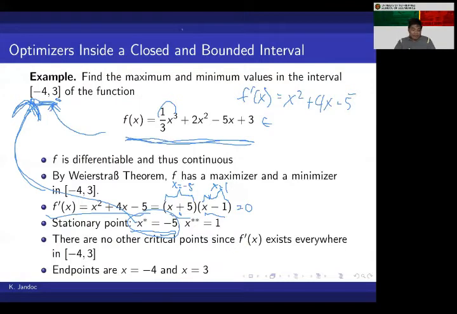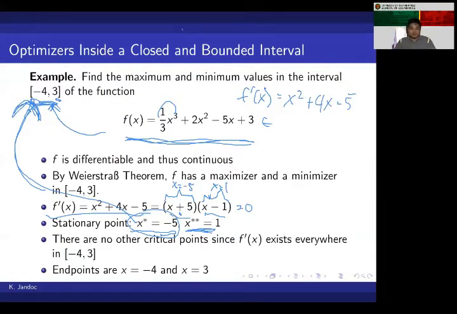So we have one candidate stationary point, x equals 1. And there are no other critical points since the derivative exists everywhere inside that domain (-4, 3). There are no other points where there's a kink.